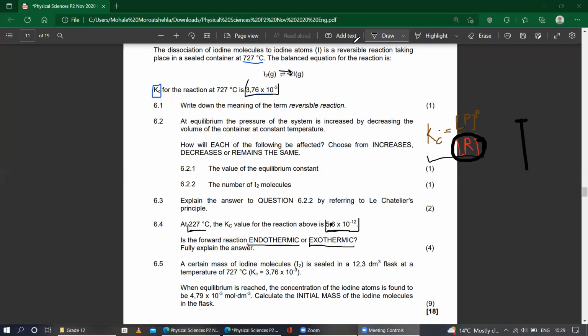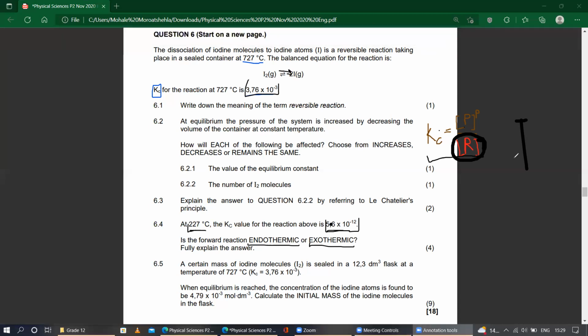Let me open this again. Use a black pencil. So they say when the temperature goes down, Kc goes down too. And since Kc is inversely proportional to the concentration of the reactants, that means as the concentration of the reactants goes up, the Kc is going to go down. You understand that part?